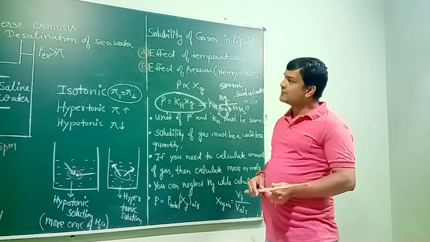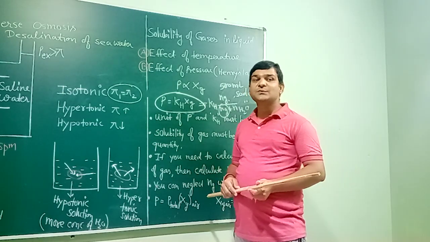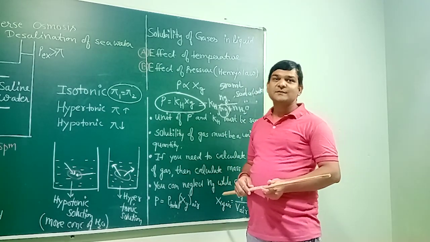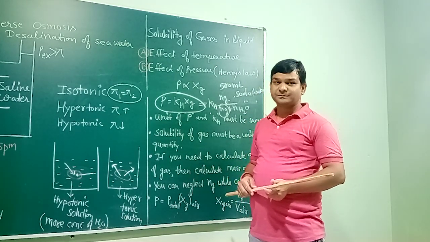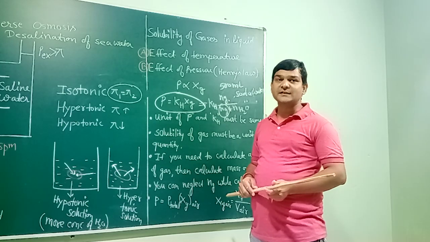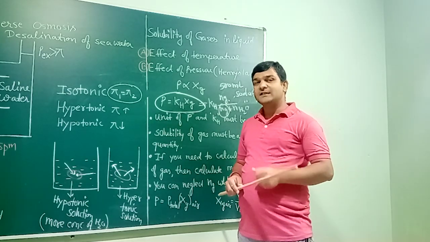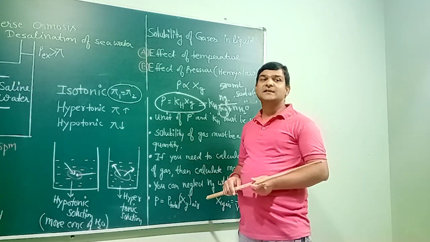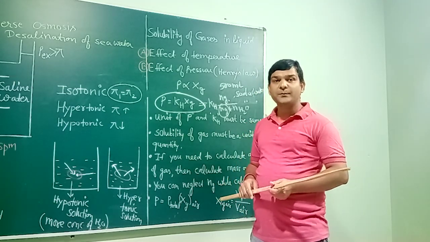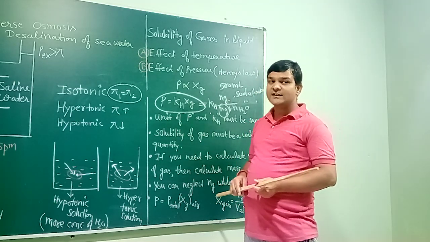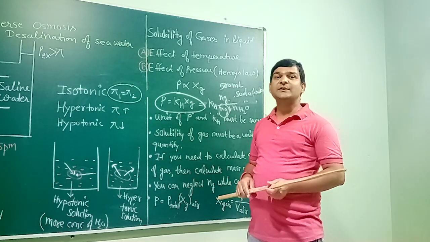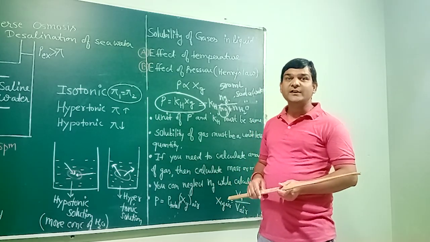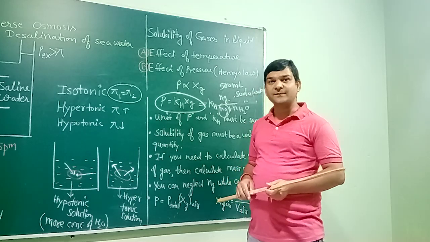The last application which you have to remember is related to scuba divers. Scuba divers are deep sea swimmers. Now you have seen that they carry a gas cylinder, but this gas cylinder doesn't have pure oxygen. The oxygen is diluted with helium, neon, and certain other gases to decrease partial pressure of oxygen.